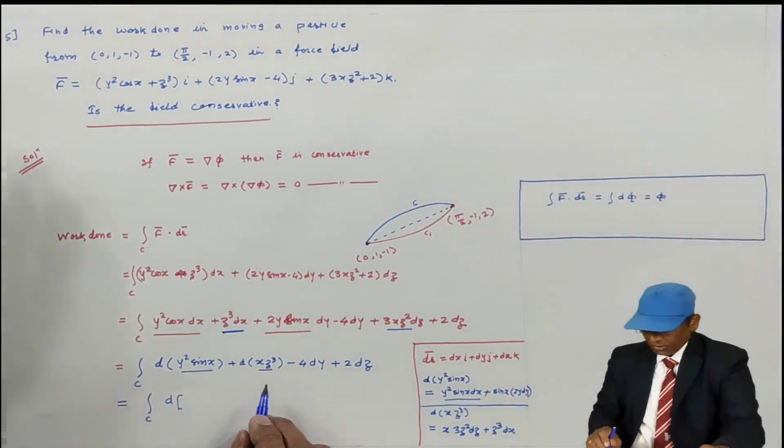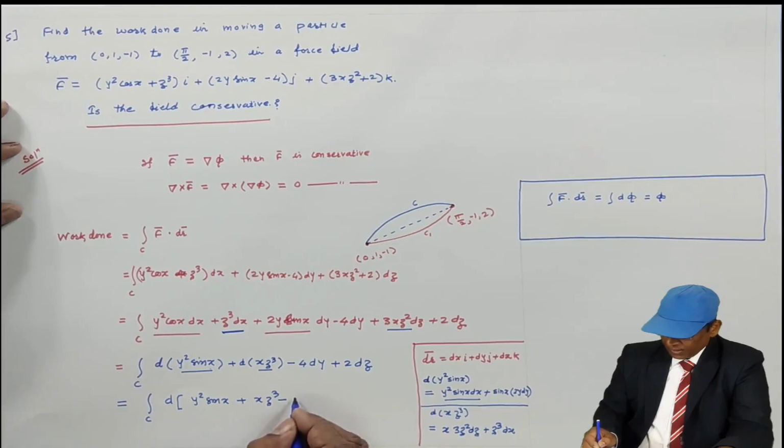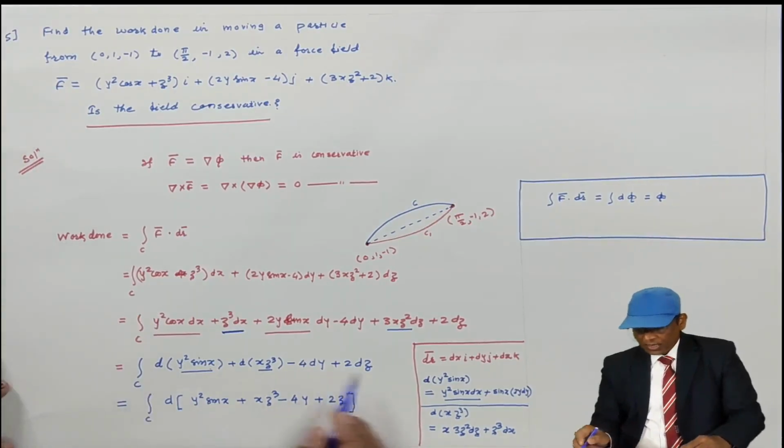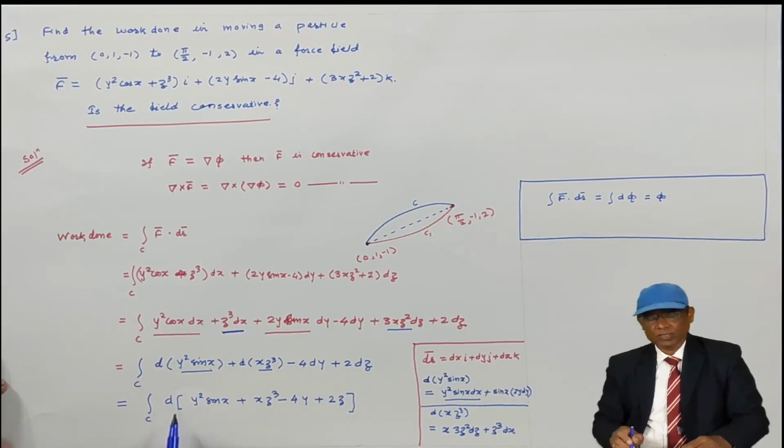So it is the derivative of y square sin x, plus x z cube, minus 4y, since 4 is constant and its derivative is dy, and plus 2z, since the derivative of z is dz. With this, I have written the function in d of phi. d of phi is a scalar point function.